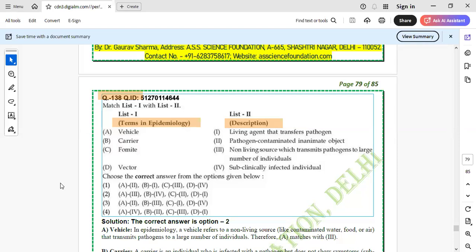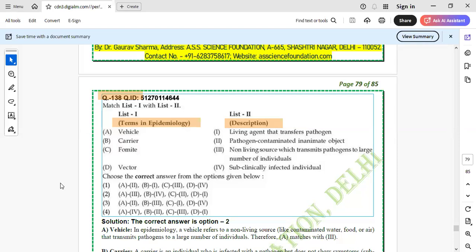See, whenever you study the distribution pattern and the factors which cause a disease in a given population, that is what we call epidemiology, right? We have to study the causative agents, the pattern and the distribution of disease, like we see in COVID. That branch is called epidemiology.